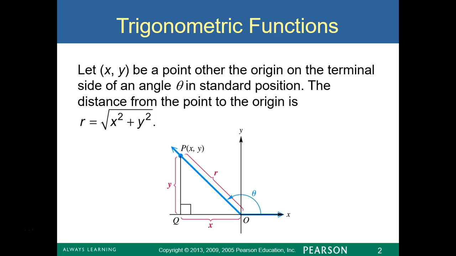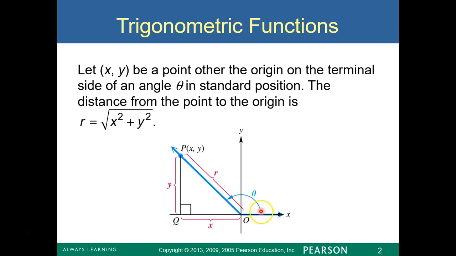Before I show you how we're going to define trig functions in this section, I want you to look at this diagram. This diagram is of an angle in standard position, and we have a point on our angle.